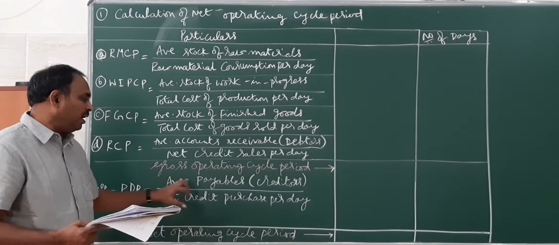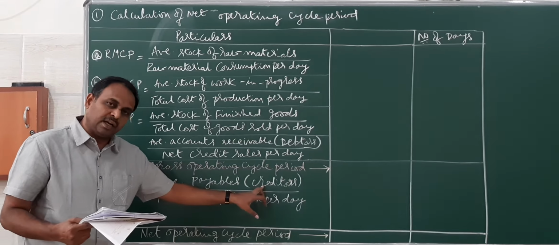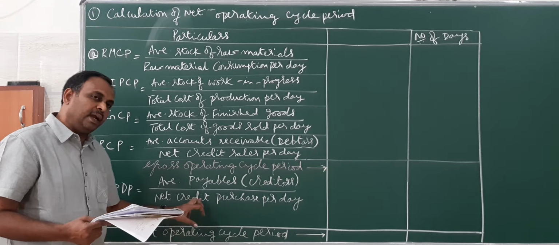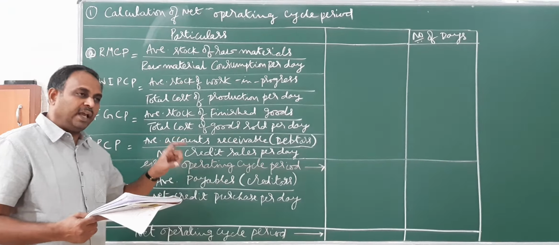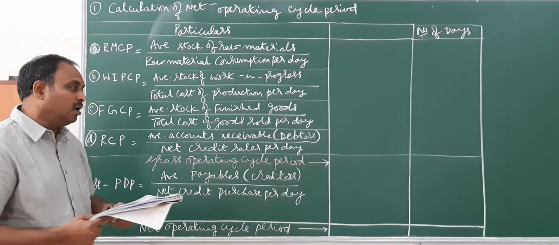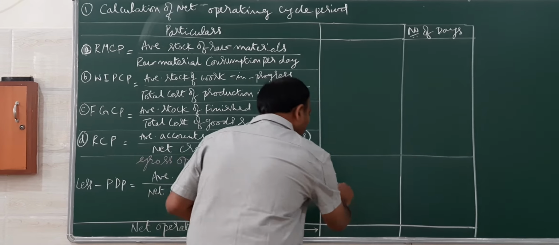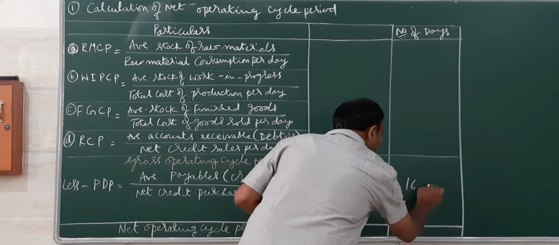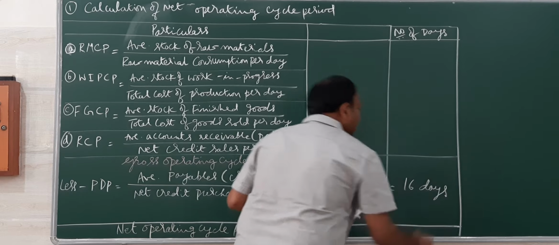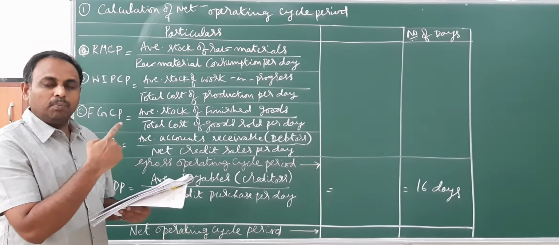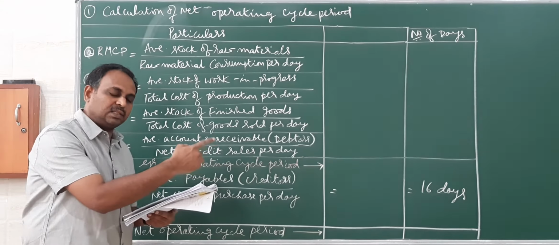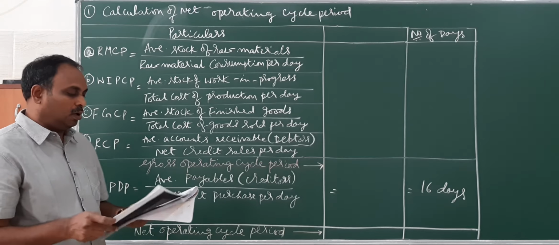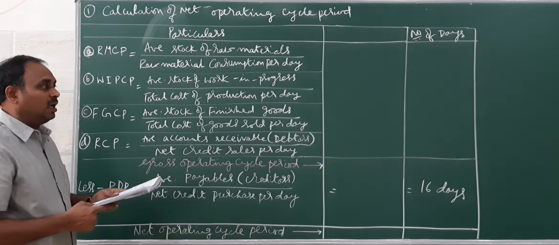So it is average payables, that is average creditors, divided by net credit purchase per day. Here they have already calculated it and given it as 16 days, so there is no need to use the formula. We already got the answer straight away. Next we will move on to the other formulas one by one.